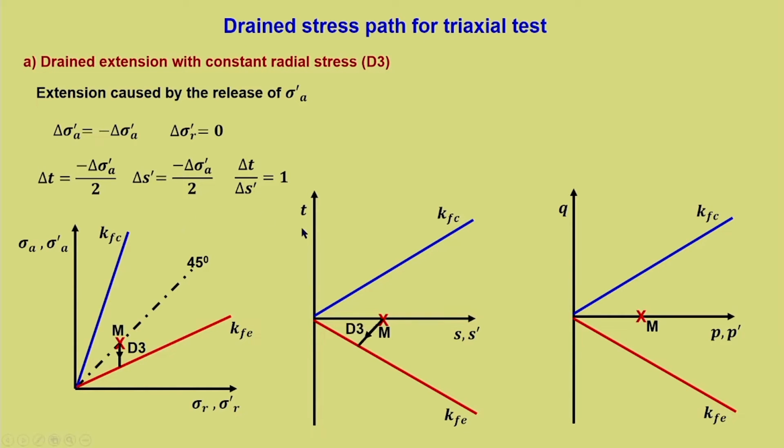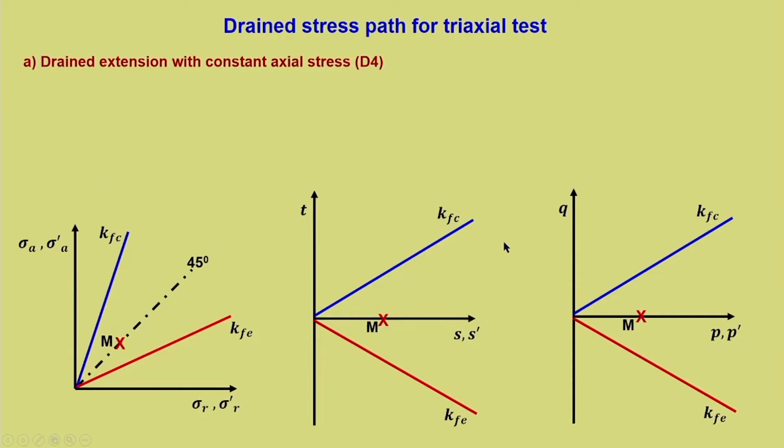So, here it will be in the D3 direction. So, this is positive 1 slope, but both are moving towards negative. So, this is the negative S direction and negative T direction, and the same will be there for the Q-P' plot. We have delta Q upon delta P' equal to 3, but in the downward direction.